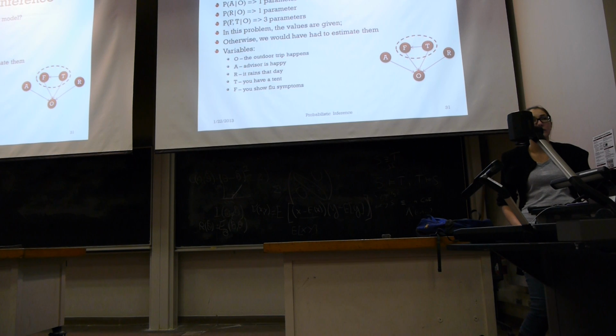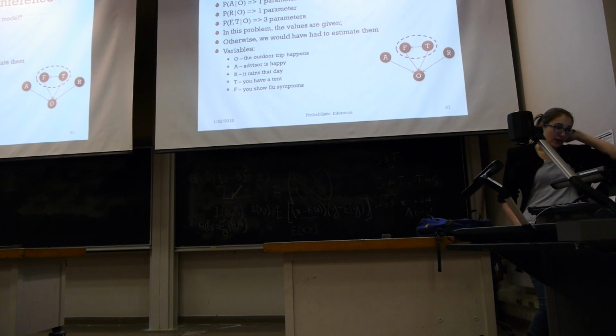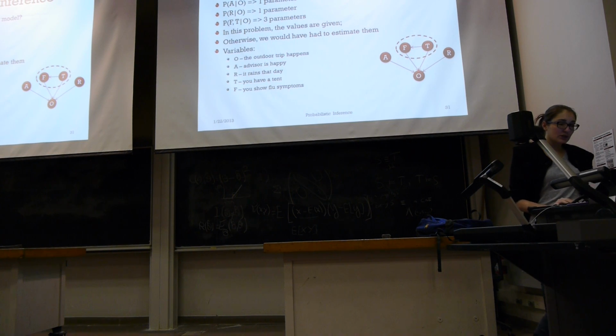So I'll have one constraint, which results in 3 free variables. In this problem, we're going to give the values for each of these things, but otherwise, we would have had to estimate each of these. So we would have had 5 estimators to derive from sample data.